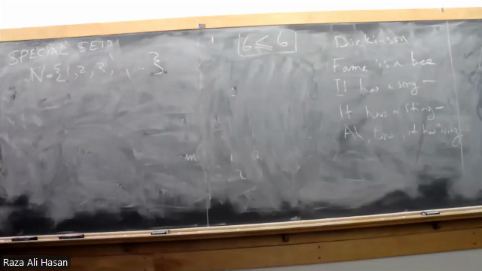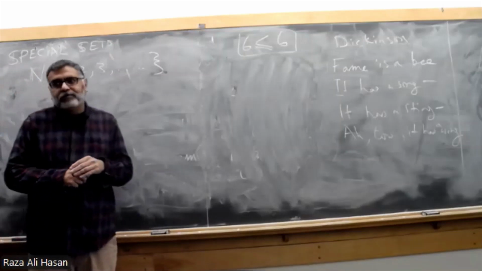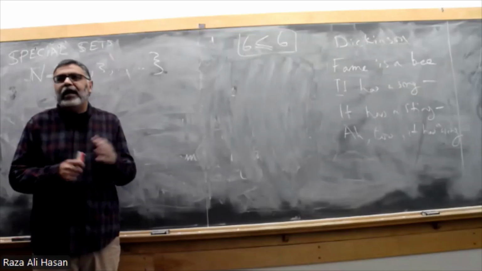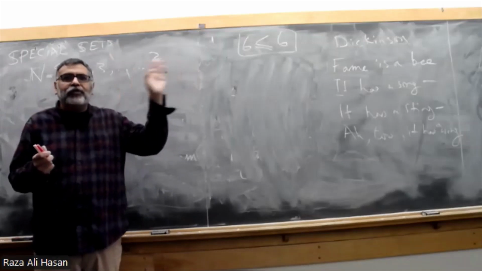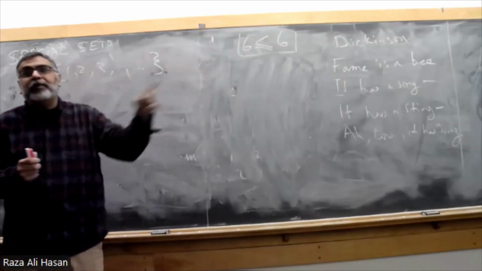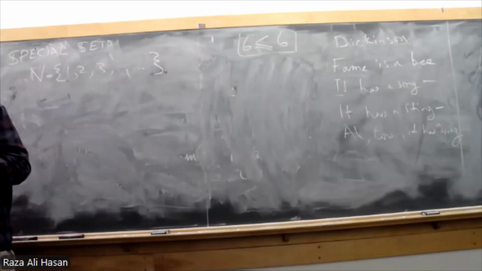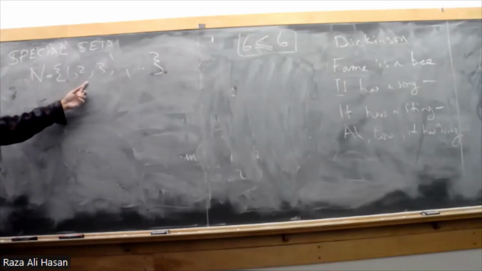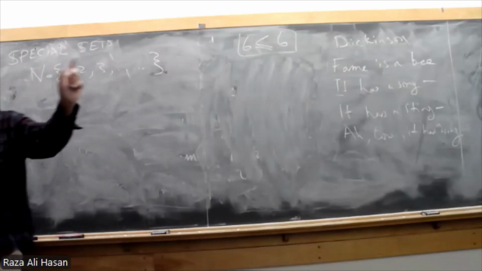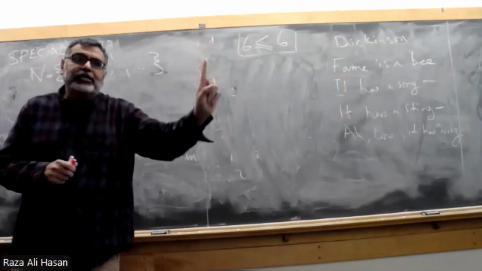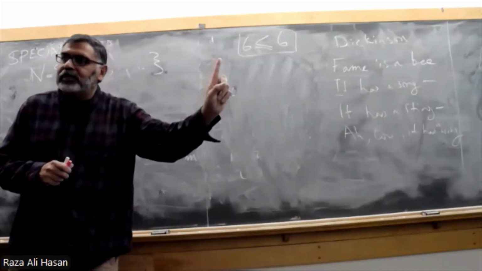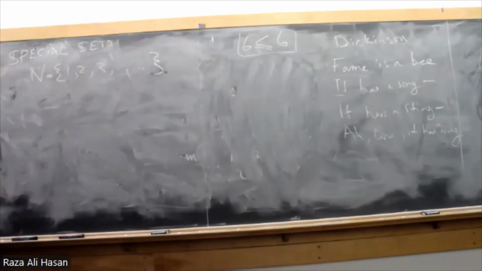Does it have an upper bound? No. Infinity is not an actual number. So it goes on forever. No upper bound. Does it have a maximum element? No. If you find a maximum number, you'll find a larger one right to the right of it. Everybody's cool with that? Okay.